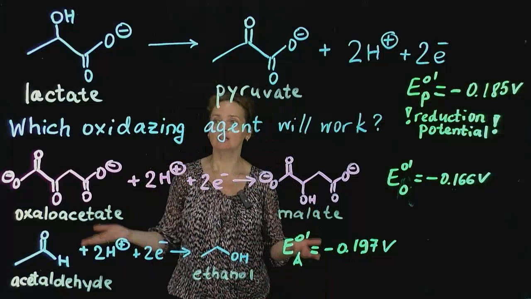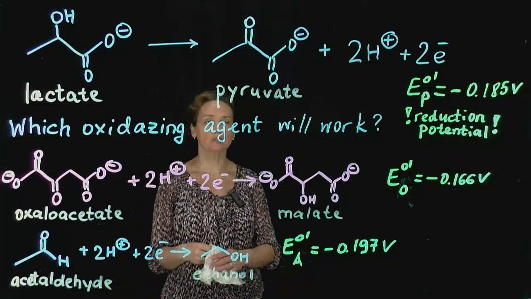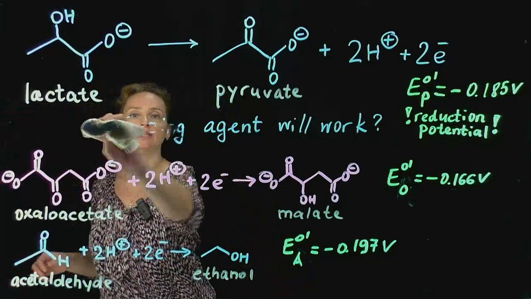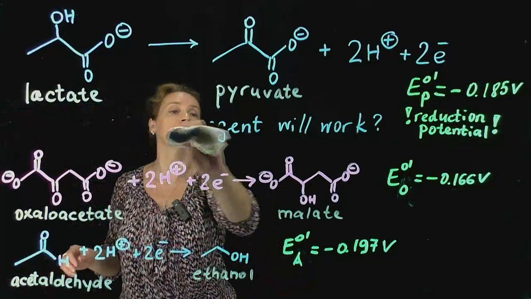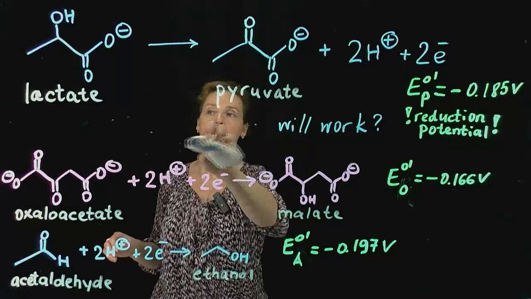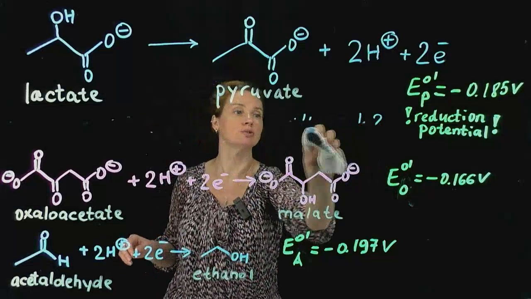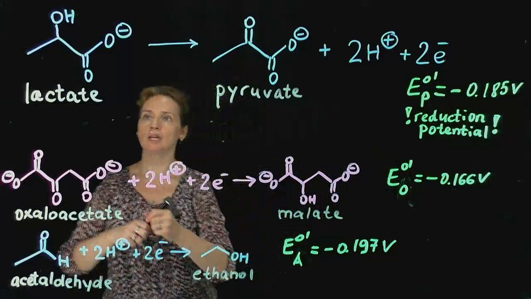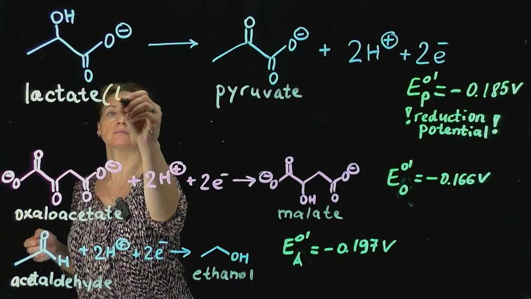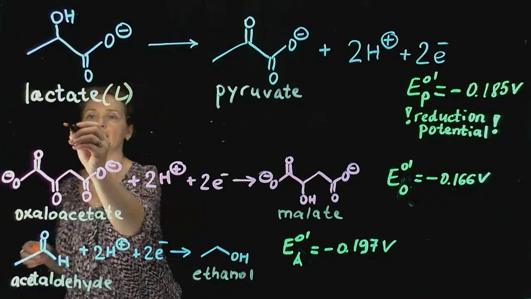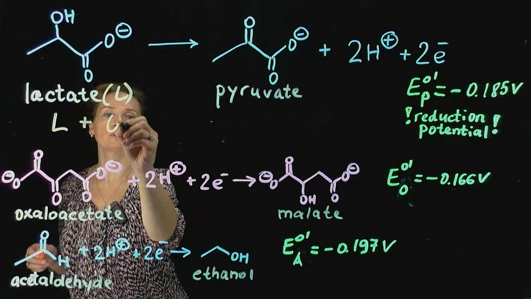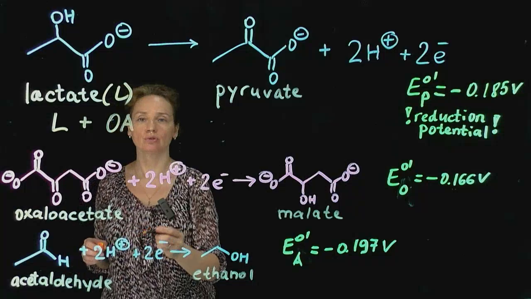For any oxidation reduction reaction, we need both the compound that gets oxidized and the compound that oxidizes it and gets reduced. So I can write down a reaction like that. I'll shorten lactate to L, so lactate plus the oxidizing agent, which we need to determine.